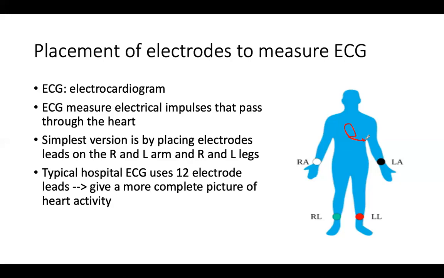For our setup, we're only going to use 3 main leads: your right arm, your left arm, and your left leg. And this one, your right leg, is actually ground, so no actual recording of data comes from that one.